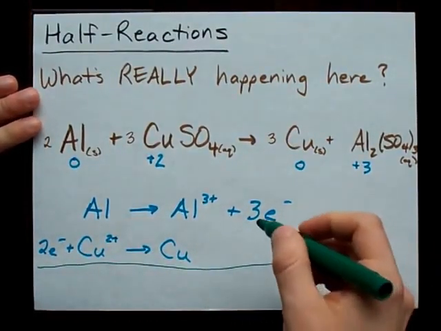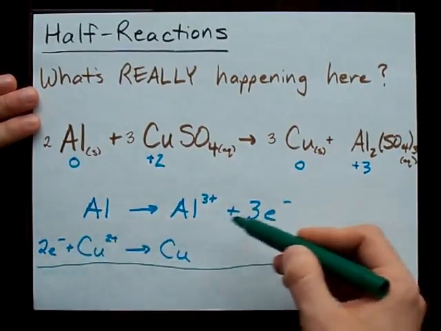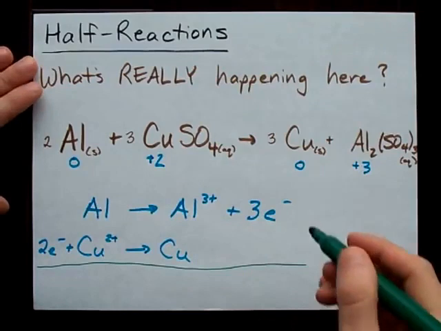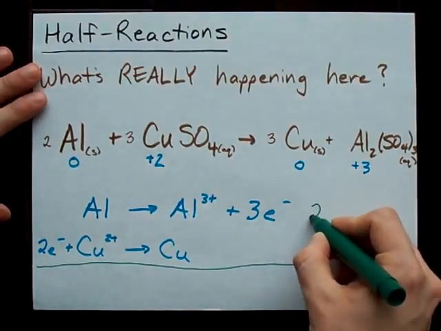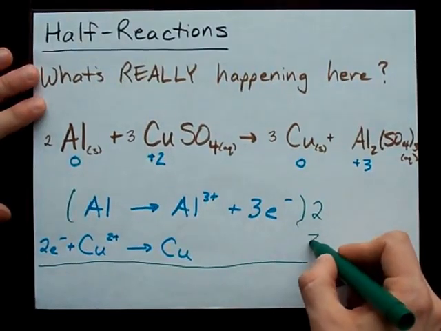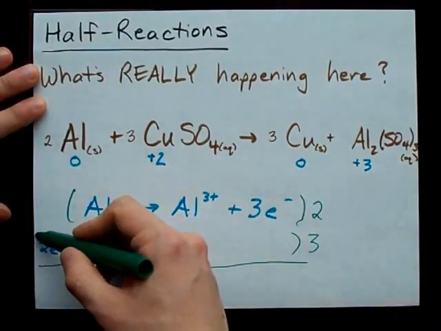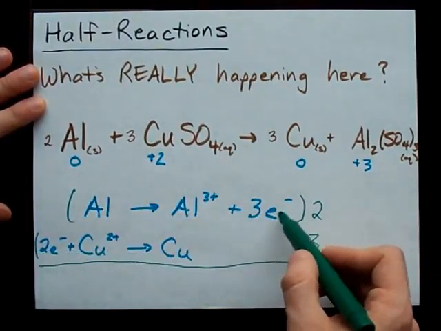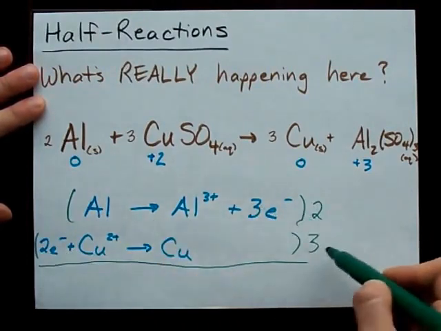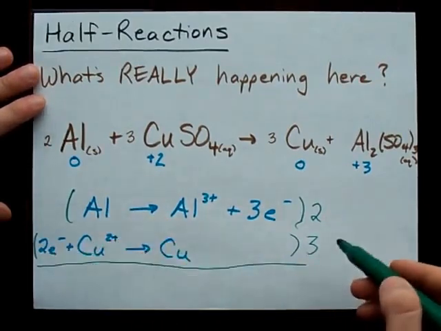Now, really though, we're going to have to make sure that our electrons cancel out, because I've never seen an electron in a chemical reaction. I'm going to need 2 of everything on this line and 3 of everything on this line. The reason is now I have 6 electrons on the right-hand side and 6 electrons on the left-hand side.